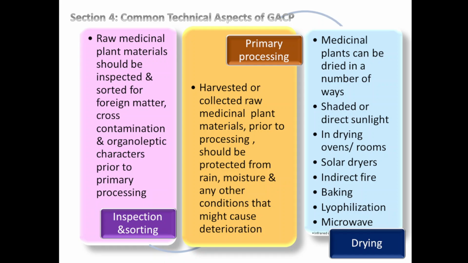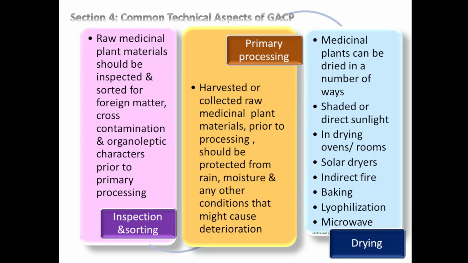That secondary medium will absorb the hot gas, and now that secondary medium is spread over the material and it will remove the moisture from that material, and that moisture is removed in the form of vapors, and these vapors are removed through the vapor outlet in case of indirect fire.